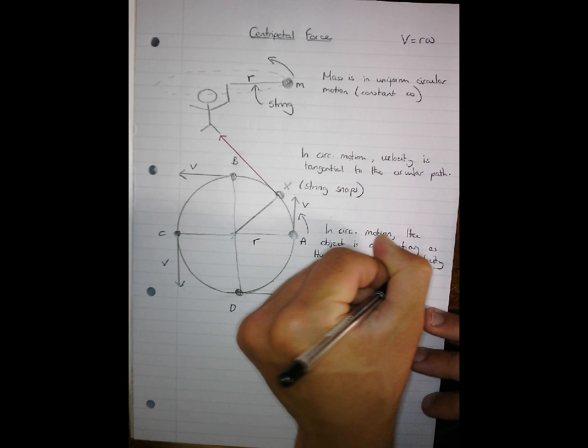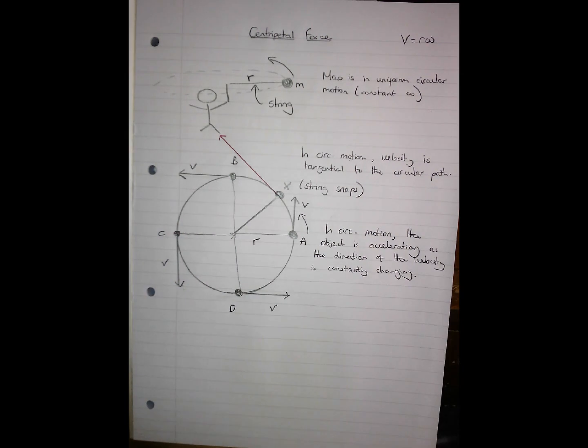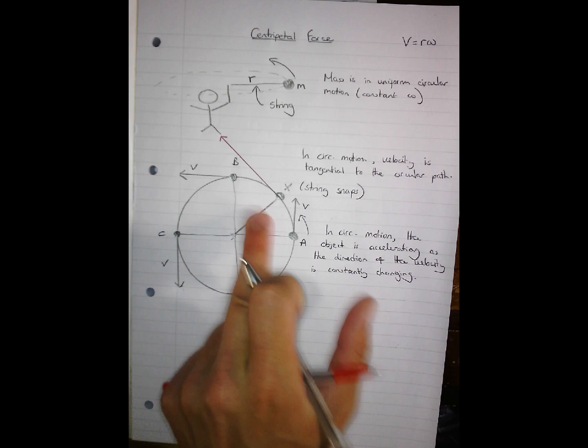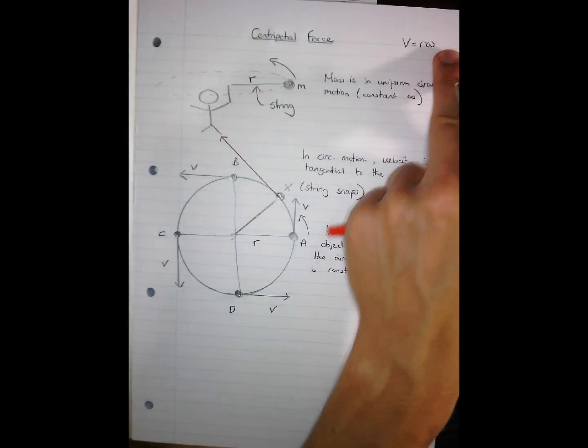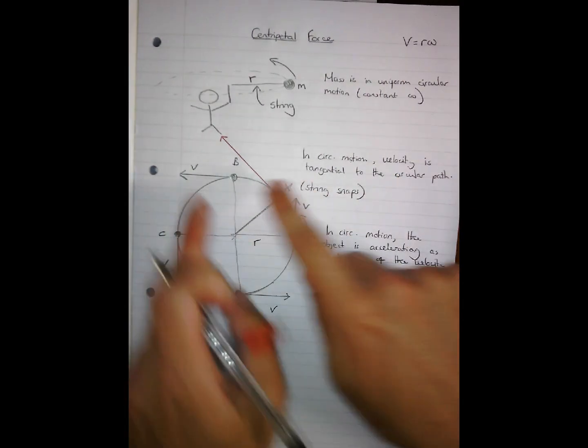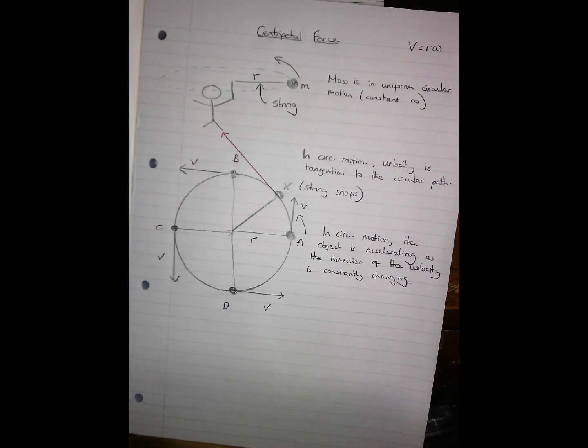It's a really important point that just because the magnitude of this velocity is the same at each point, it is still accelerating because its direction is constantly changing between each point.